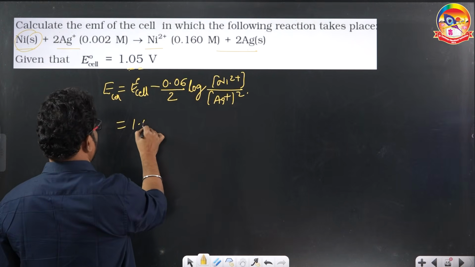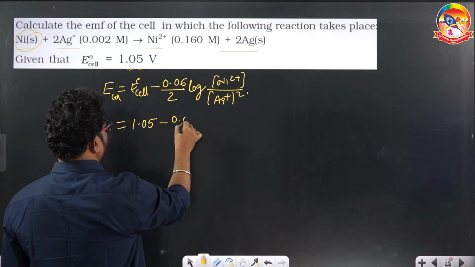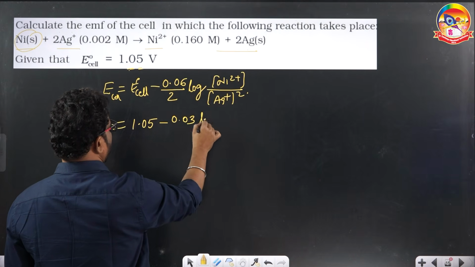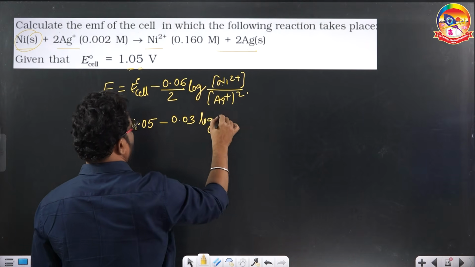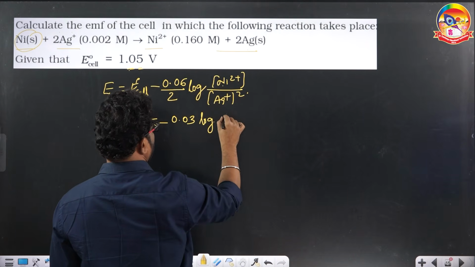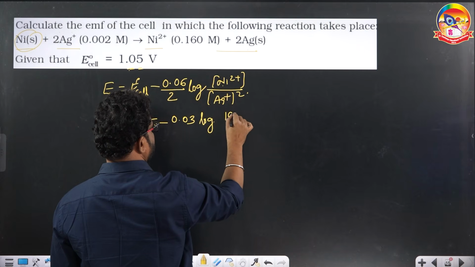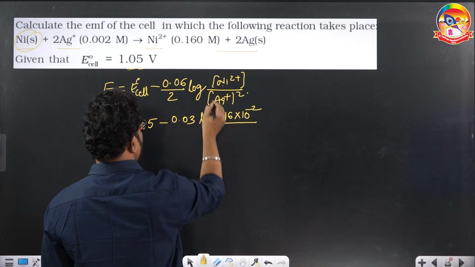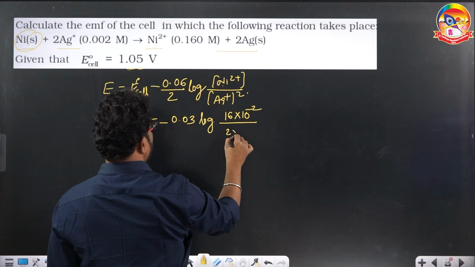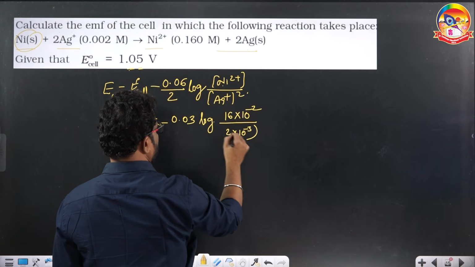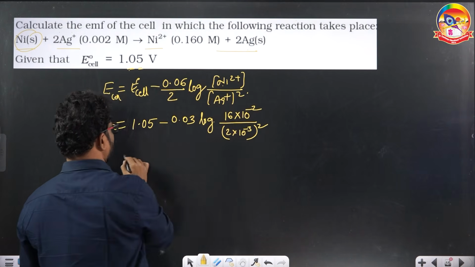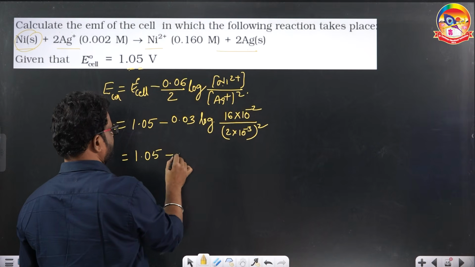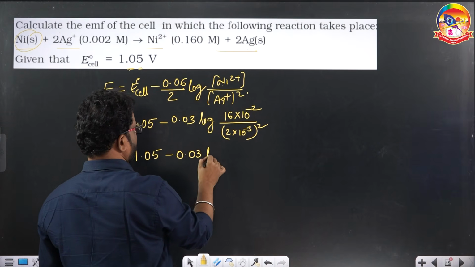E naught cell is 1.05 minus 0.03, this on simplification, into log of concentration of Ni2 plus, which is 0.160. For convenience, I'll write it as 16 into 10 power minus 2 by Ag plus concentration, 2 into 10 power minus 3, square. So when you simplify it, you will get the final answer.